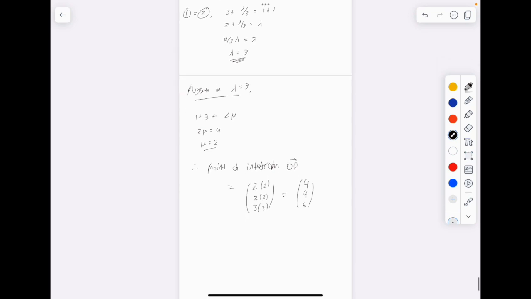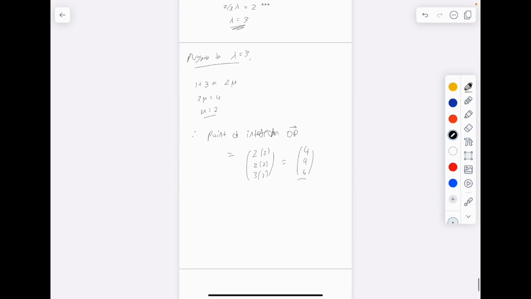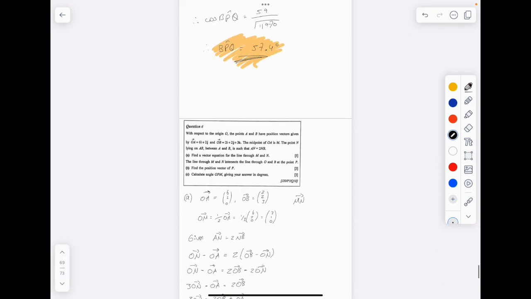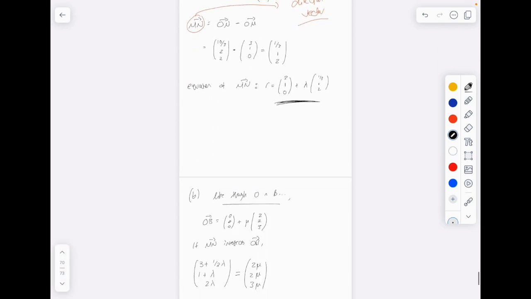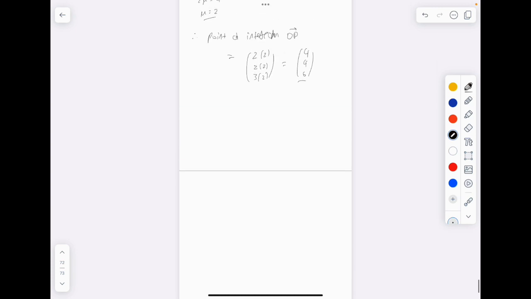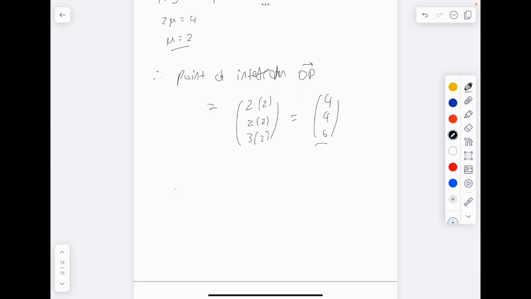Okay, cool. So the position vector of P is simply going to equal OP, which equals 4, 4, 6. And that's going to be the answer for B, guys.